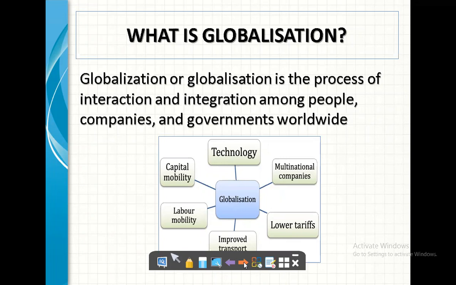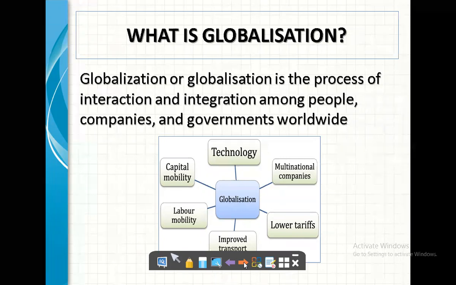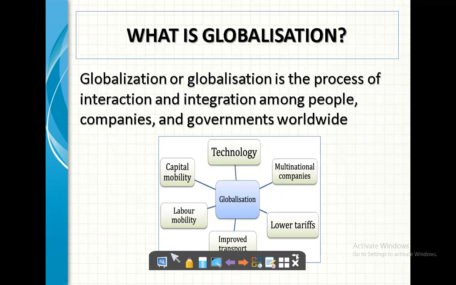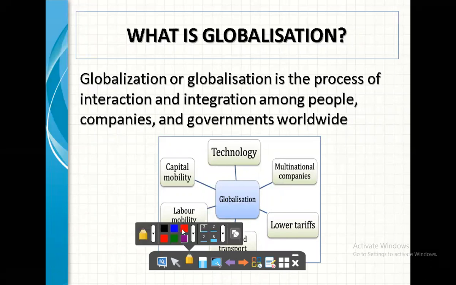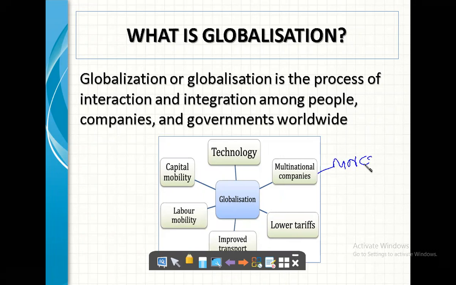So integration among people, companies, and governments worldwide, we're talking about the factors listed here: technology, capital mobility, labor mobility, improved transportation, lower tariffs, and multinational companies. These multinational companies are also known as MNCs. So MNCs are multinational companies.